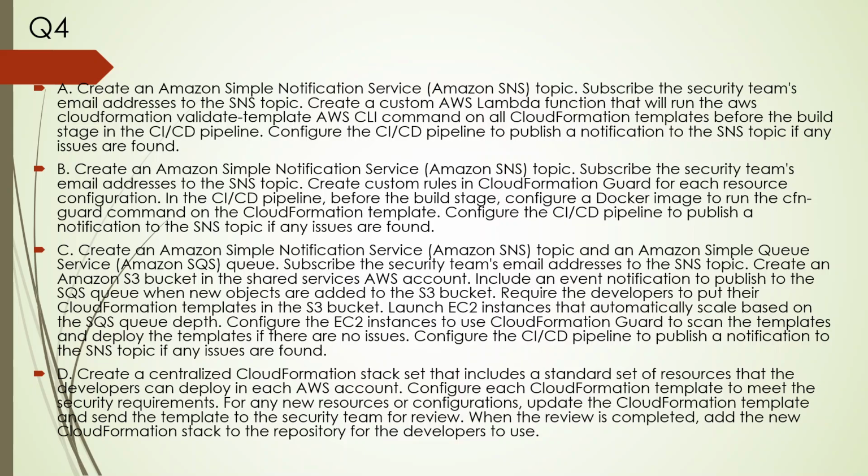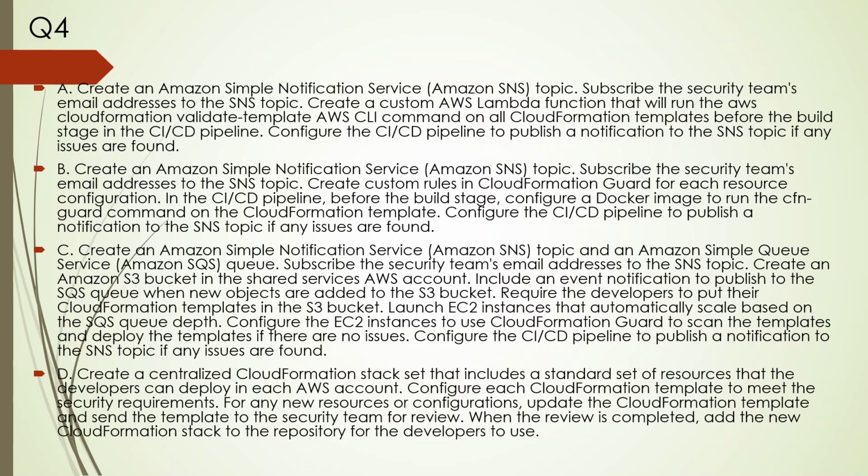Letter C: Create an Amazon Simple Notification Service topic and an Amazon Simple Queue Service queue. Subscribe the security team's email address to the SNS topic. Create an Amazon S3 bucket in the shared services AWS account. Include an event notification to publish to the SQS queue when objects are added to the S3 bucket.